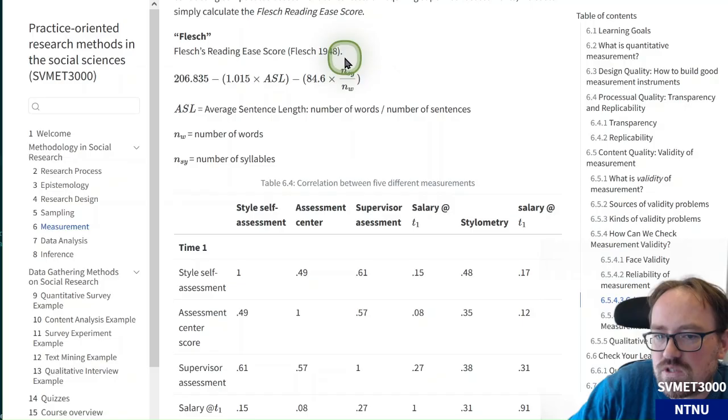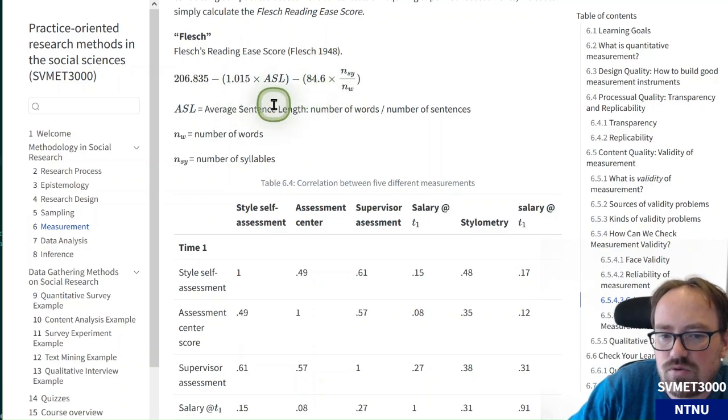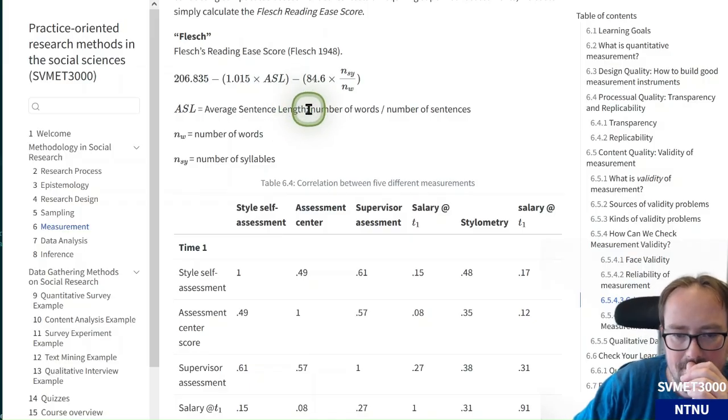So do you use long words? Then it's a difficult writing style, and if you use long sentences, then it's also a more difficult writing style. Okay?